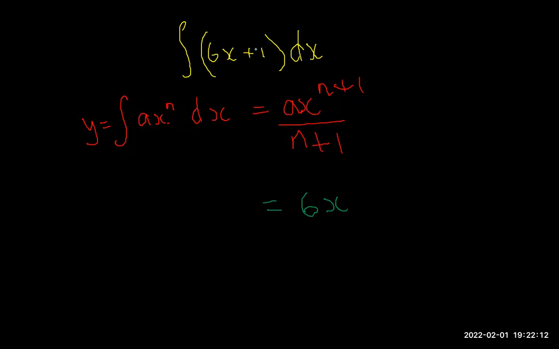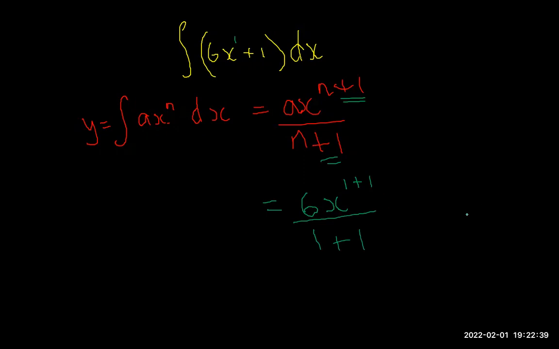So by saying 6x, I'm implying 6x to the power of 1. My integration rule says I must add 1 to that power. So it's 1 plus 1 divided by n, which was the power from before, and we said that it's 1, right? The 1 is understood. So it's 1 plus 1.